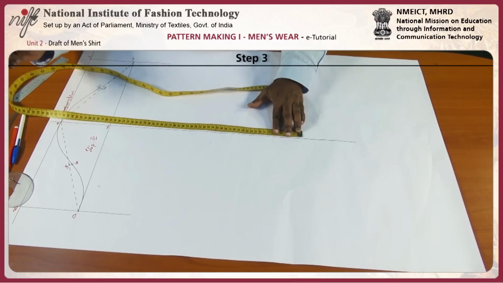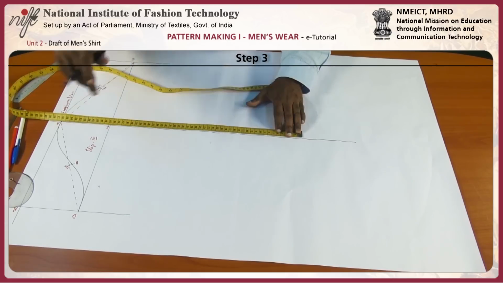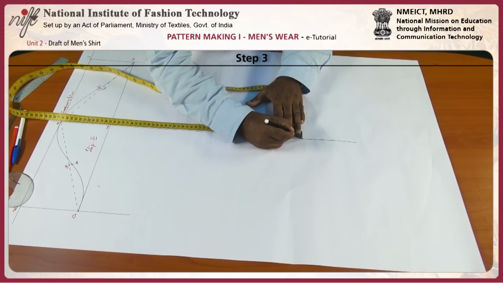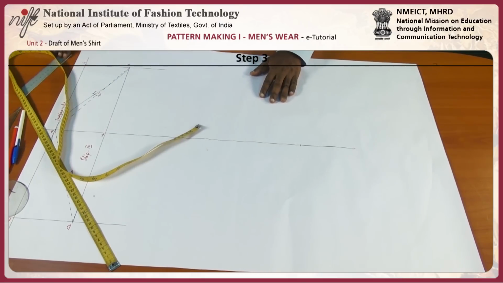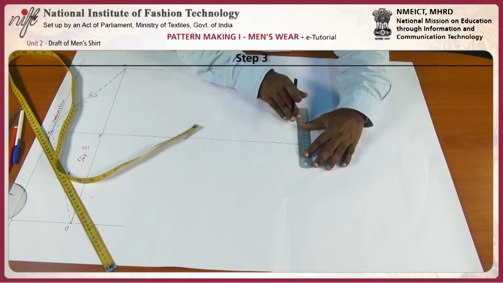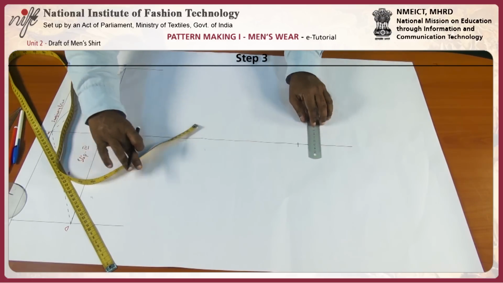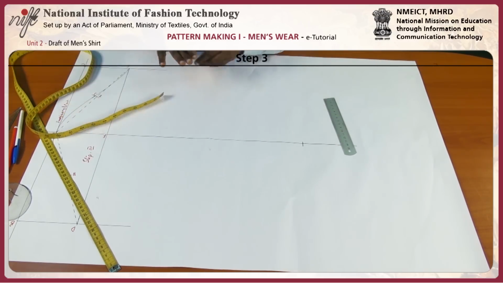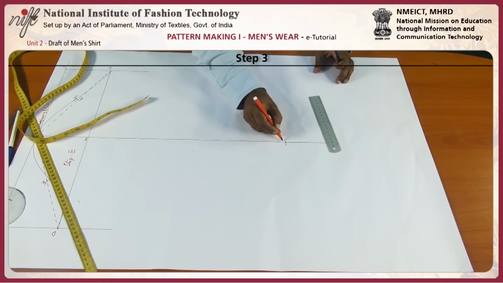This measurement chart is given in the spec in the earlier exercise. This will be point K.